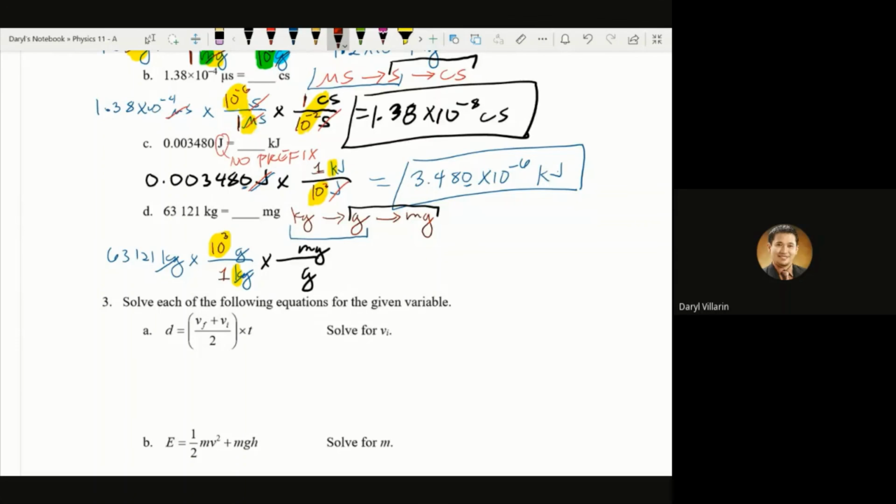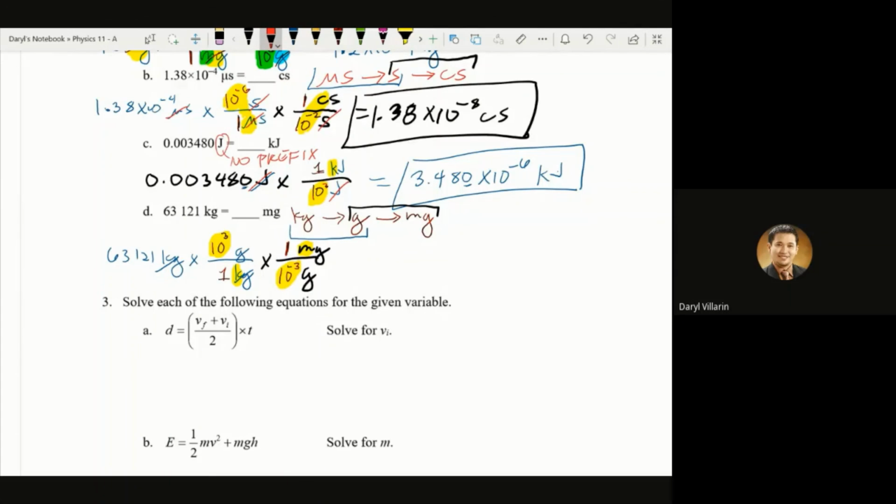So in your conversion factor, gram should be at the bottom and milligram should be on top, the unit that you want in the second step. Now again, for the value itself, just place 1 on top because that's where your unit with the prefix, and then at the bottom just replace your m with the multiplier. That's 10 to the negative 3. So again, milli is 10 to the power of negative 3.